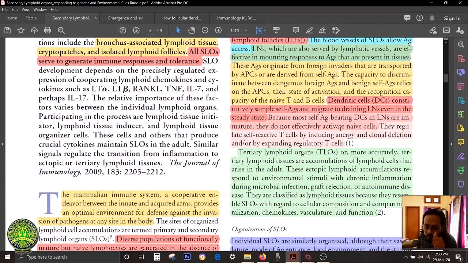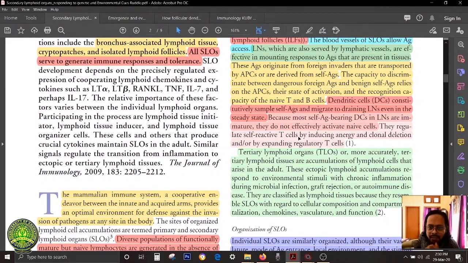But what they are good at is they regulate self-reactive T cells. T cells which have matured in the thymus need to be screened on whether they are reacting against self-antigen. That test is done with the help of these dendritic cells which bear self-antigen.